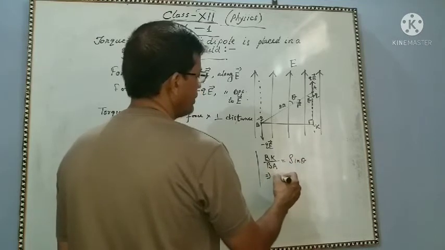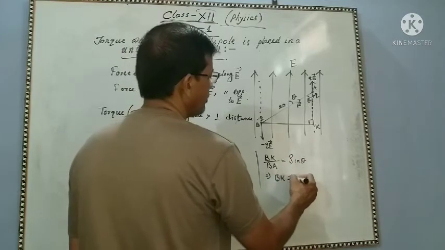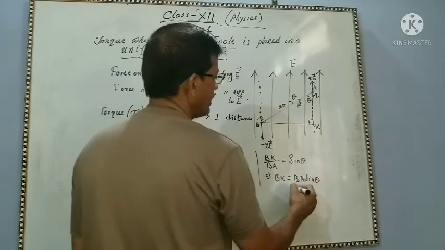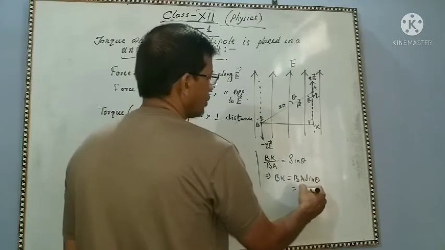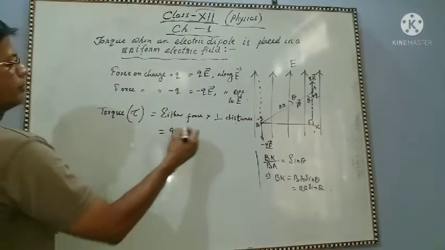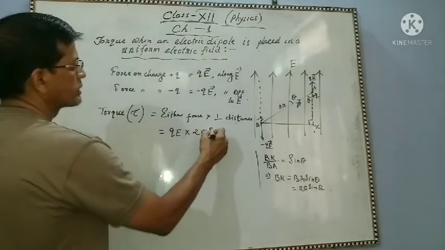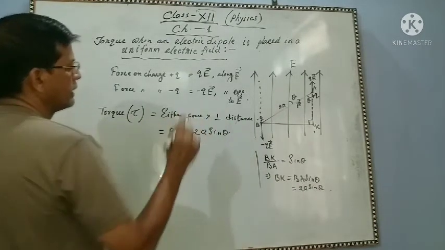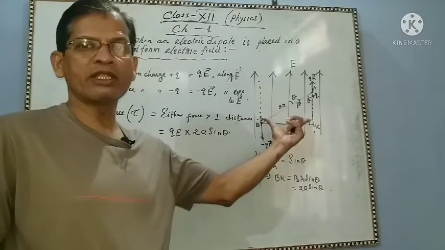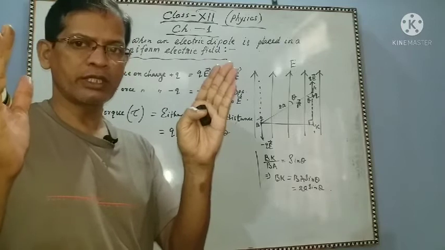So BK equals BA sin theta. Now what is BA? BA is 2a. So 2a sin theta. Put here 2a sin theta. This is the perpendicular distance between the two forces.